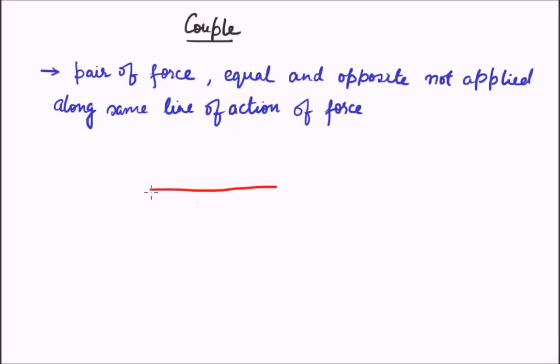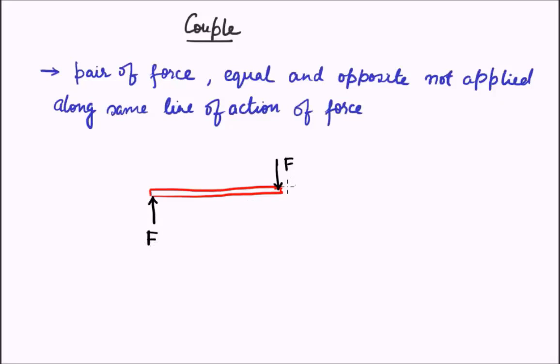Suppose there is a wooden plank or something kept over here, and if we apply a force F perpendicular to the plank in this direction and another force again of magnitude F but in the opposite direction perpendicular to the plank, then this pair of forces is known as a couple.